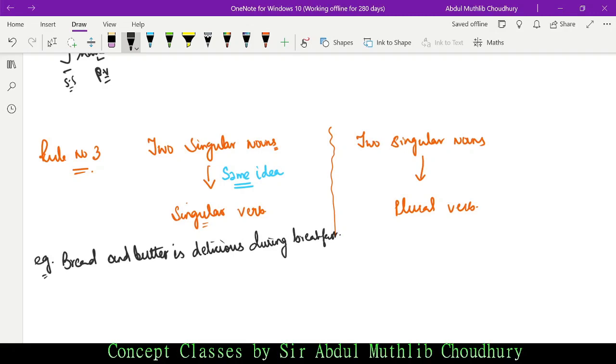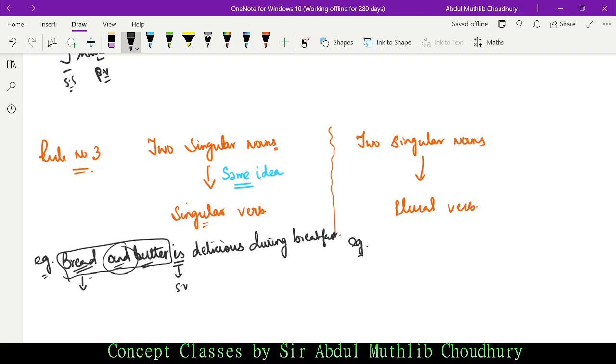Okay, now when I say bread and butter, this bread is a singular noun and butter is also a singular noun, which is joined by this conjunction and. So bread and butter, these two nouns are talking of the same idea, therefore the verb which is following is a singular verb. How? Because when you eat bread, you will not eat butter separately, right? You'll add butter on your bread and then you'll consume it.